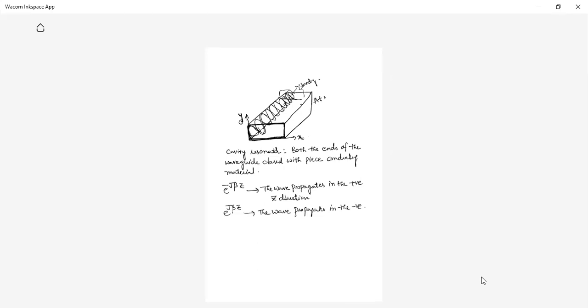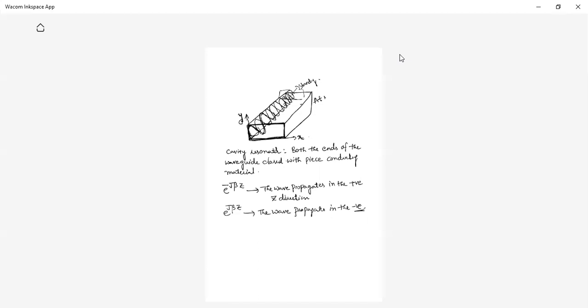When you take the forward wave, it is propagating in the positive z direction. The reflected wave obviously follows the negative z direction, the reverse direction. That's why the standing wave consists of both the forward wave and the reflected wave, so we have to consider both the waves here.